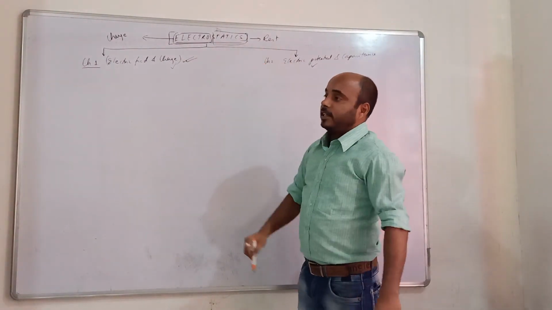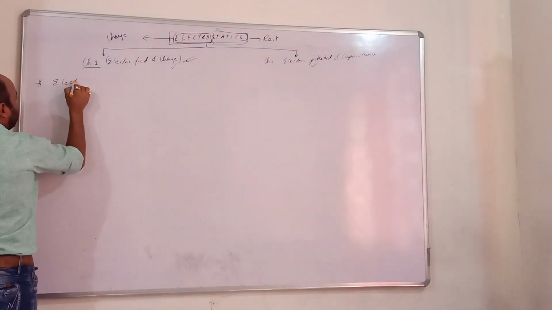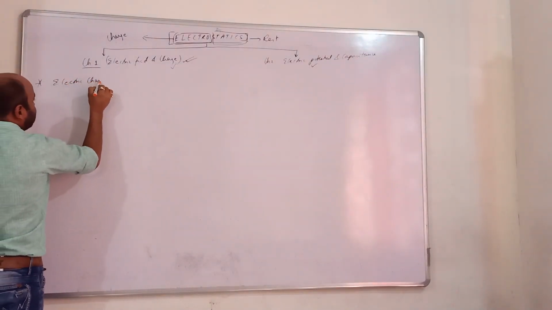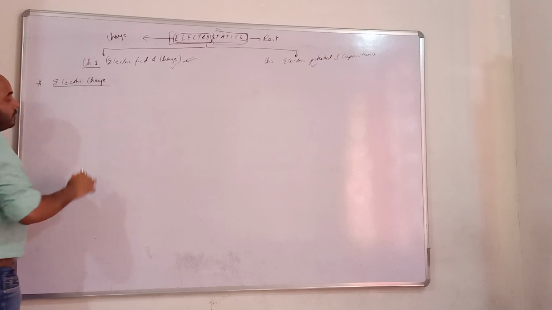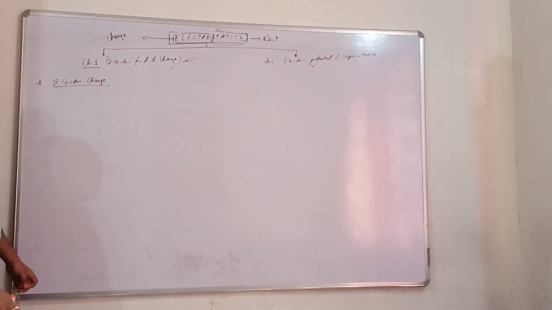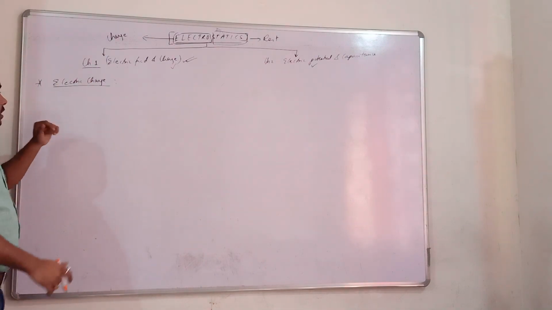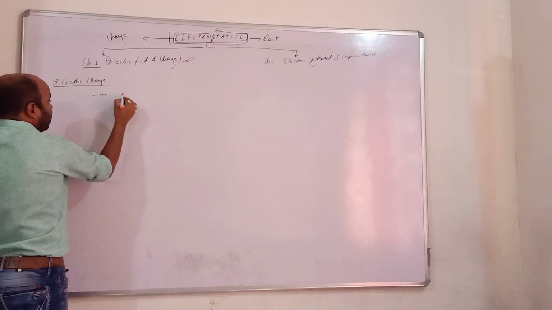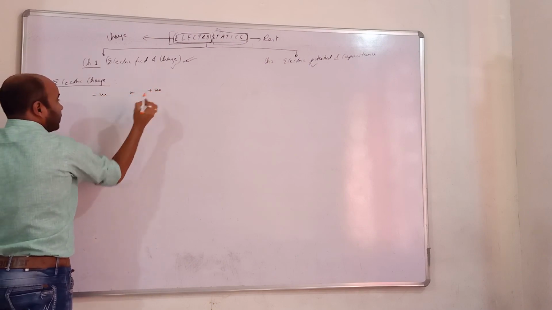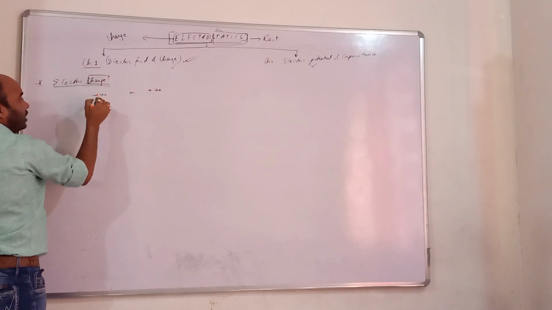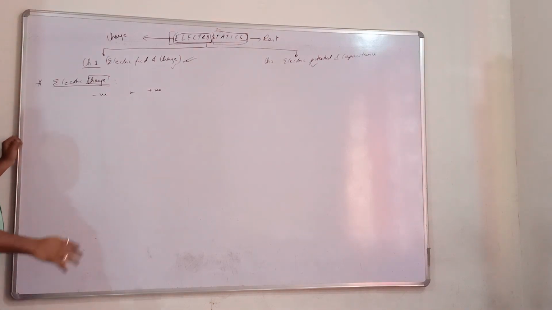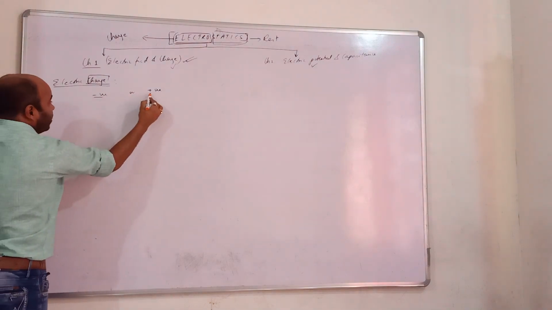Now, whenever you hear the word electric charge, what does that mean? What is the first thing that comes to your mind when we talk about electric charge? We think it is negative or positive. Charge means either negative or positive. So there are two types of charges, negative charges and positive charges.